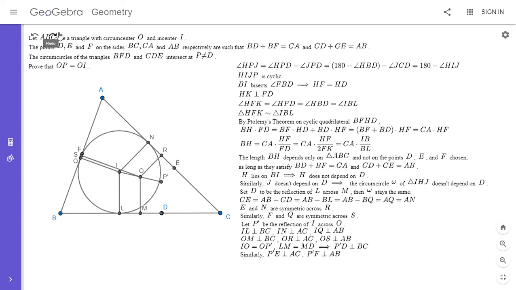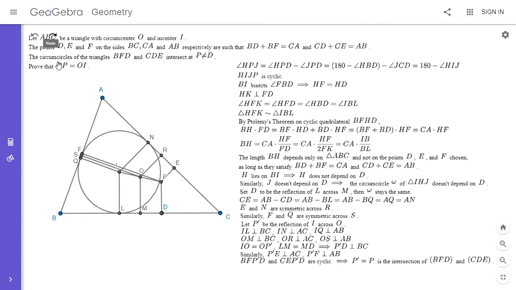So P prime, if you connect it to D, E, and F, it has to be perpendicular to the three sides of the triangle. And with all those right angles, we have cyclic quadrilaterals. So that means that BFP prime D has to be cyclic, and CEP prime D also has to be cyclic.